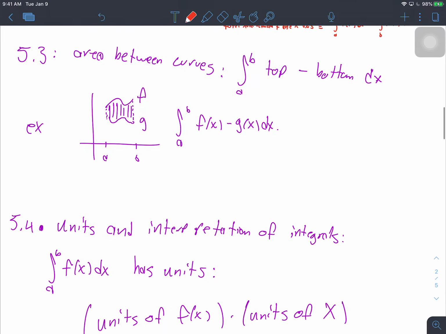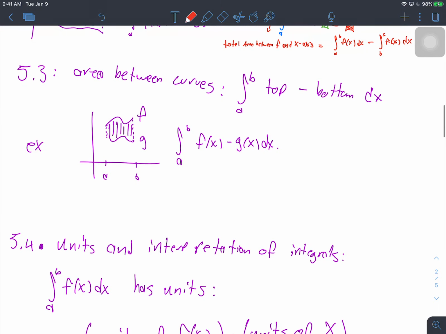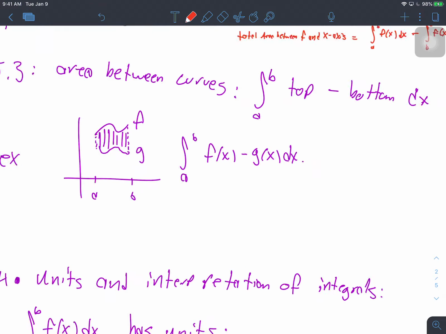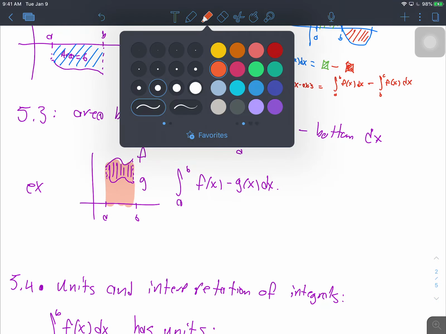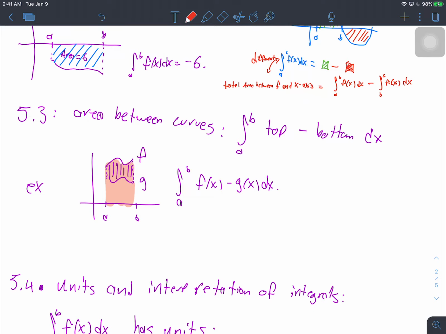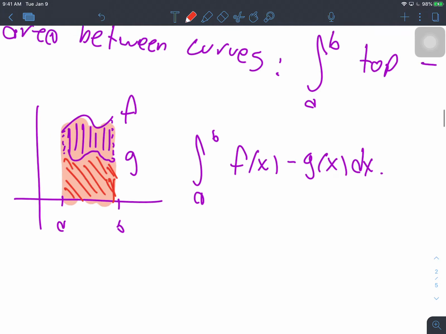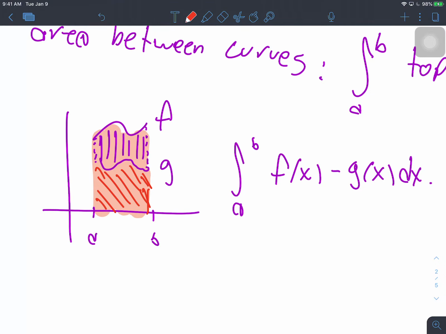5.3, really the main new thing that we learned in 5.3 was just area between curves. So if we have two functions, where one is above the other one, and we want to find the area between them, well, we can think about taking this orange area here underneath f, and if we subtracted from that the area which is beneath g, which is this shaded region here, so if we subtracted from the orange highlighted area the red area, then we would wind up with the purple shaded area.